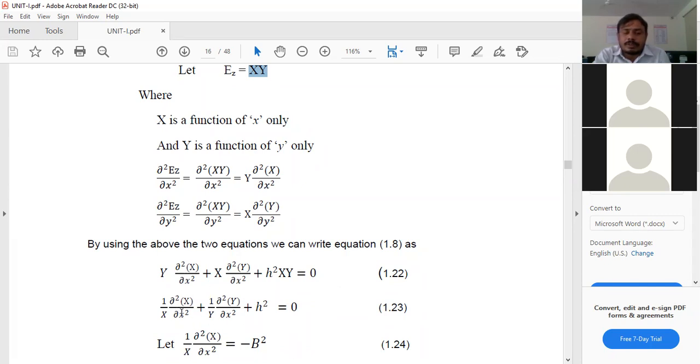So now the equation becomes: 1 by X into ∂²X/∂x² plus 1 by Y into ∂²Y/∂y² plus h² is equal to 0.